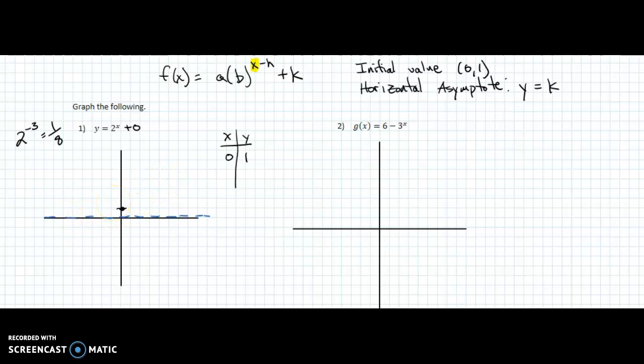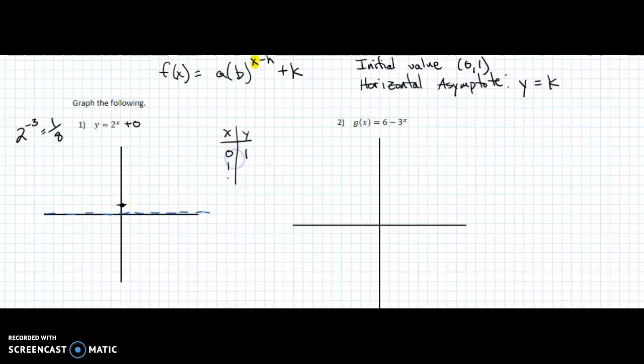To get another point, let's plug in a point or two. Let's plug in some x values, and we'll see how quickly this goes up. So if I plug in 1, then 2 to the first is 2. 2 squared is 4, and then 2 cubed is 8, and then it'd be 16 and 32 and 64 and so on. So very quickly we'll get off the graph.